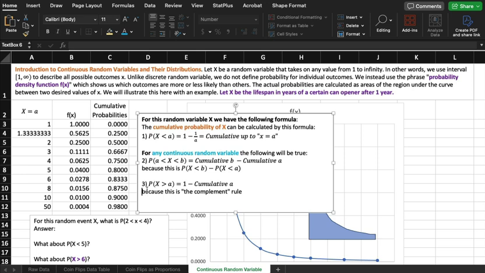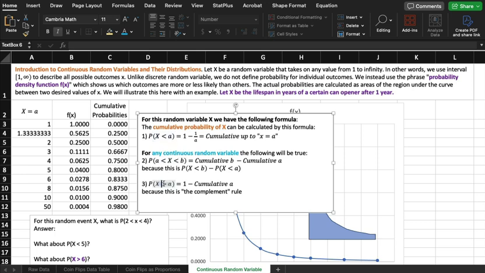Lastly, suppose you want the probability of x being greater than a number. Instead of the area to the left, you're looking for the area to the right. I want you to pay close attention to the direction of the inequality here. This is x greater than a. Between now and the end of the course, we need to be paying attention to the directions of these inequalities.